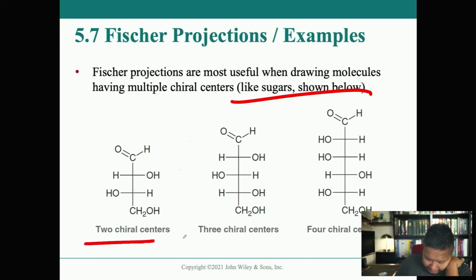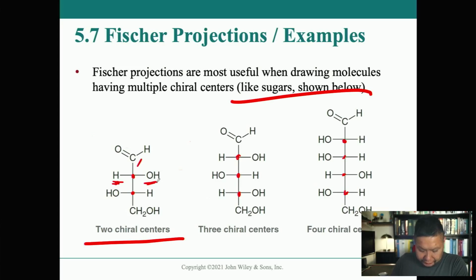So, for example, this guy right here, 2 chiral centers. This guy right here, 3 chiral centers. This guy right here, 4 chiral centers, right? We all know, and obviously they're chiral centers, because this constituent is an aldehyde right here. This constituent is an OH, is a hydrogen here.